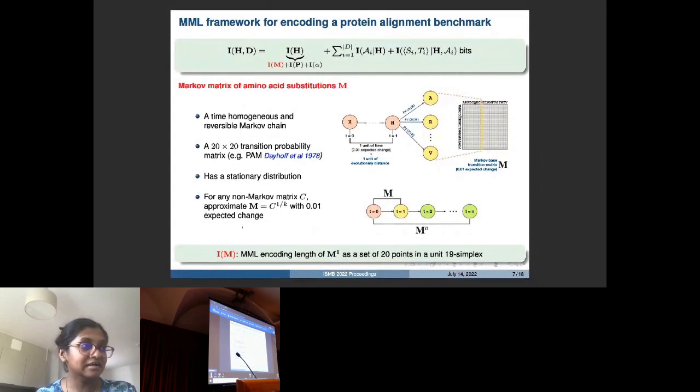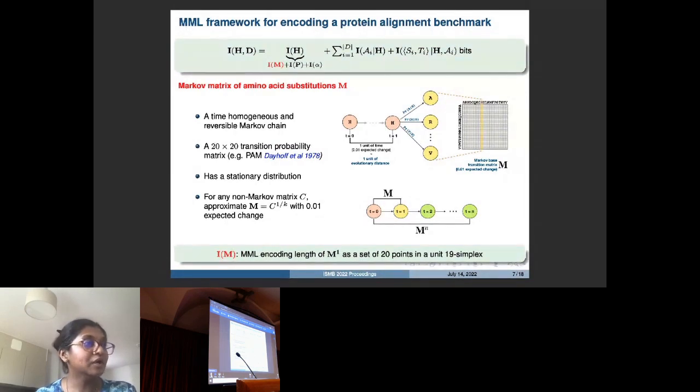In this framework, we are also considering a non-Markov matrix. If we have a non-Markov matrix, we will approximate it as a Markov matrix by taking the kth root of that matrix, which corresponds to a 0.01 expected change in amino acids.